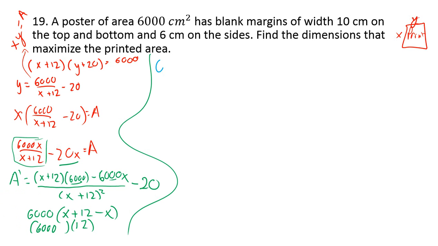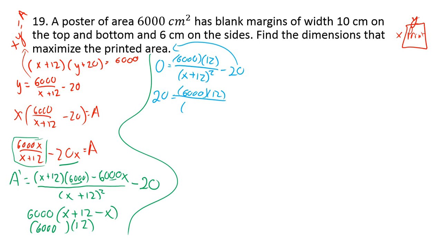So what we have now is that 0, because we're trying to optimize, is equal to 6,000 times 12 all over x plus 12 squared, minus 20. Now, if we want to solve this, we could move this 20 to the other side, giving us 20 is equal to 6,000 times 12 all over x plus 12 squared.